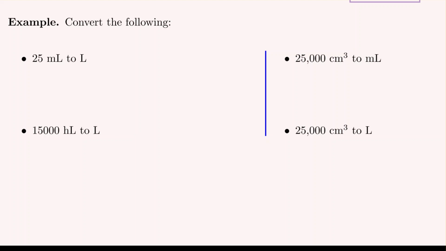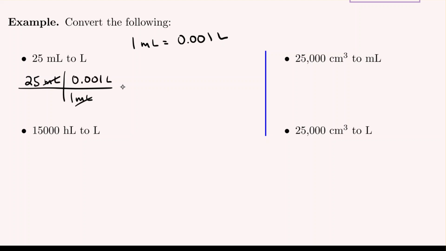Next, we're asked to convert a variety of measurements of volume. So first, 25 milliliters to liters. Now earlier we wrote down this conversion factor. We know that 1 milliliter is 1/1000th of a liter from our above chart. So to go from 25 milliliters to liters, we set up our conversion chart correctly.